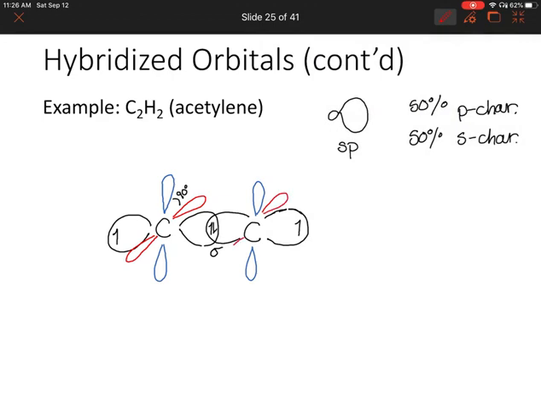And I'm just drawing them in different colors so you can see them separately from each other. And then this is our little legend off to the side.